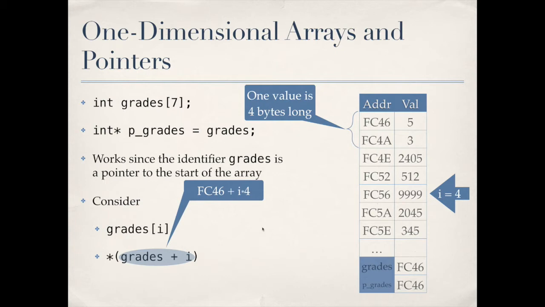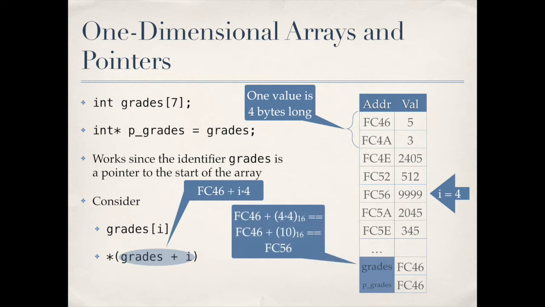Okay, just this concrete example with I being 4 as we had here. So what does it do? It says we have grades, this is FC46, plus 4 times 4.